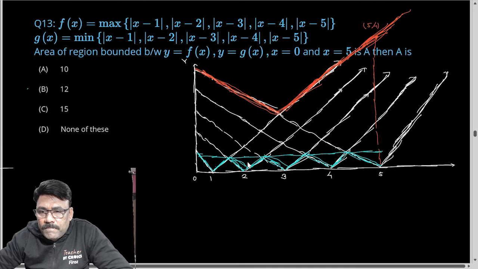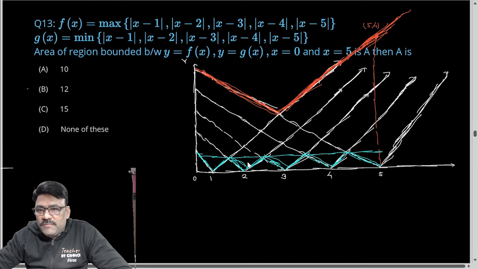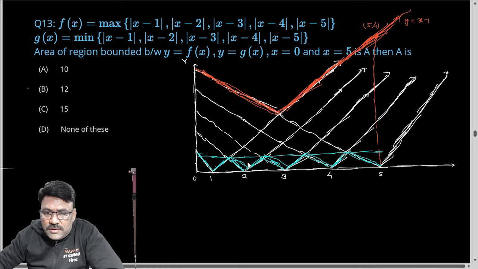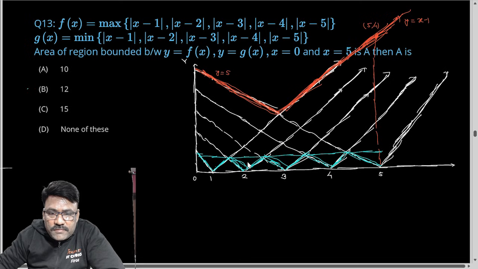This other line is y equal to 5 minus x.